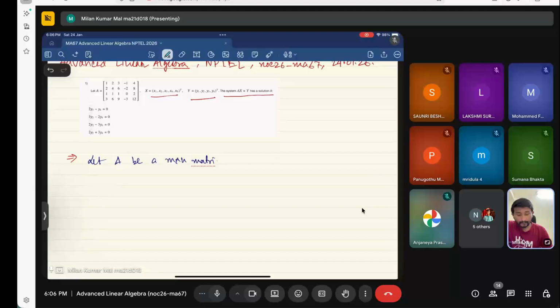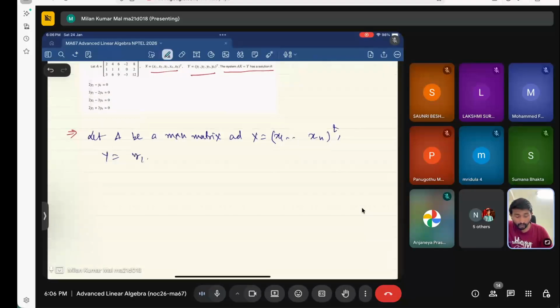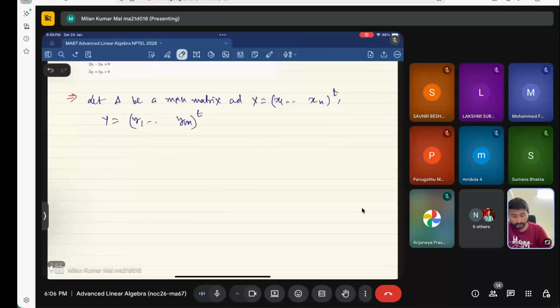Suppose x is equal to x1 to xn, and y is equal to y1, y2, to ym. This is m by n times n by 1, so this will be m by 1. Suppose we are given Ax equals y.